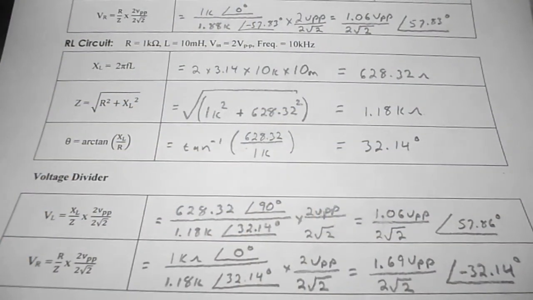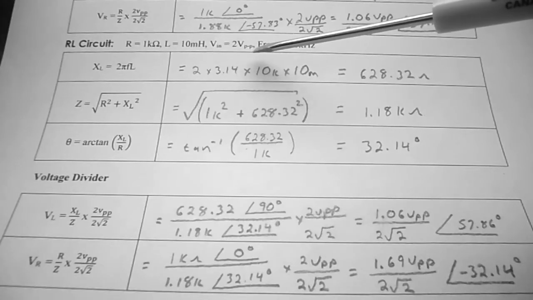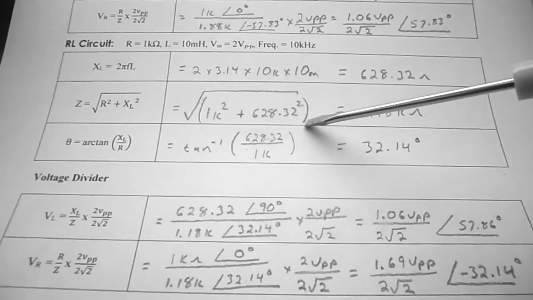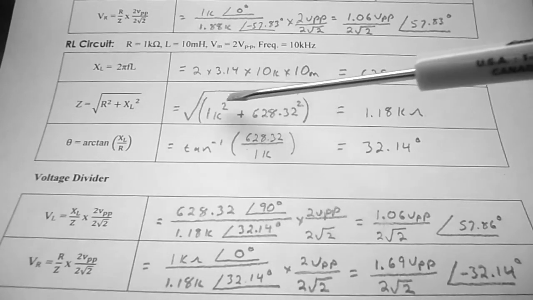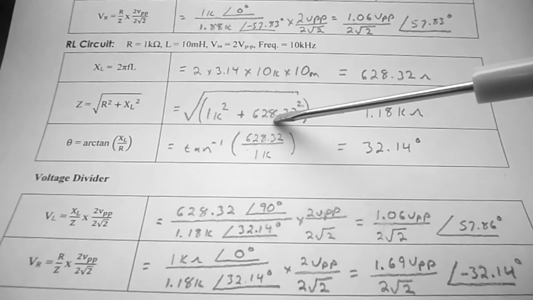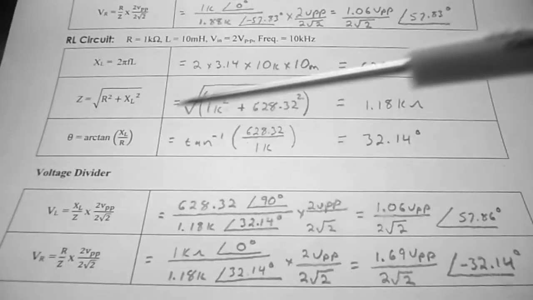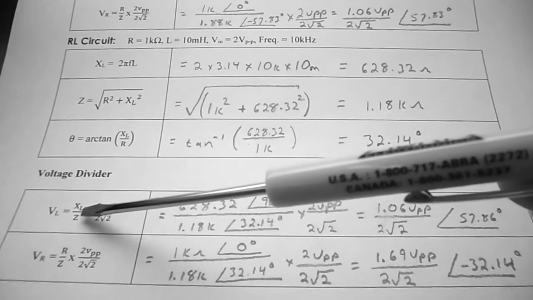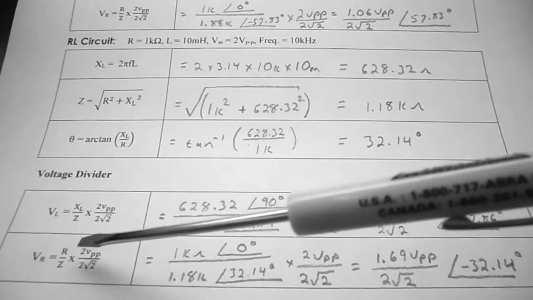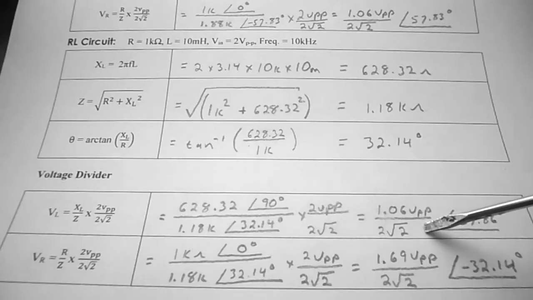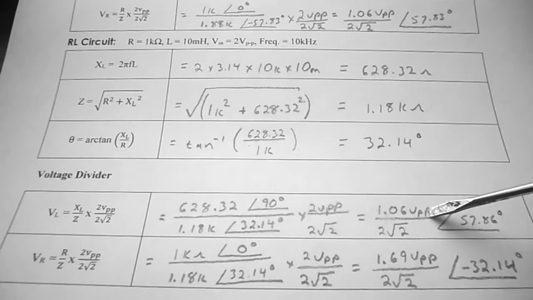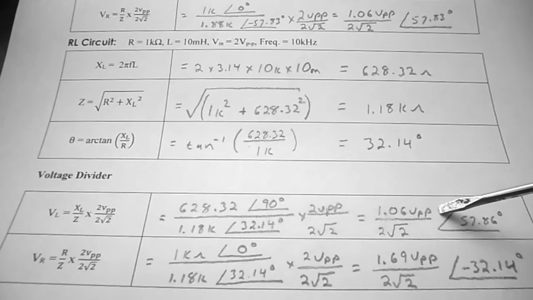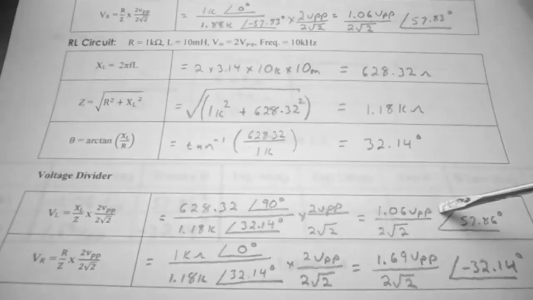So these are my calculations for the RL circuit, and once again I want to remind you to put brackets around your numbers so that you can keep the order of operations intact. And when you get down to the voltage divider for the RL circuit and we calculate VL and VR, I just want to remind you that I left my answers as peak-to-peak voltages divided by 2√2 so that I can compare these to the oscilloscope readings.